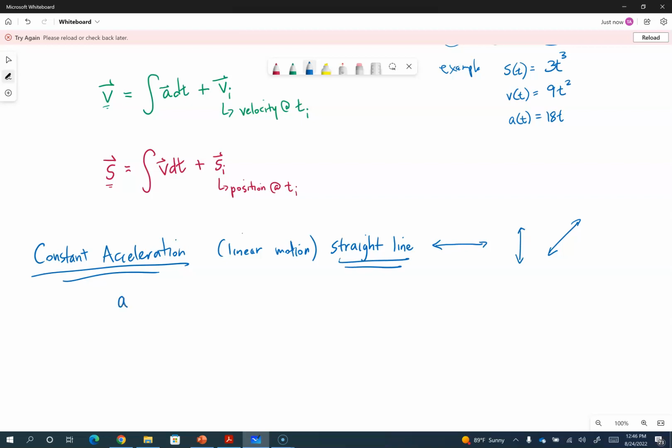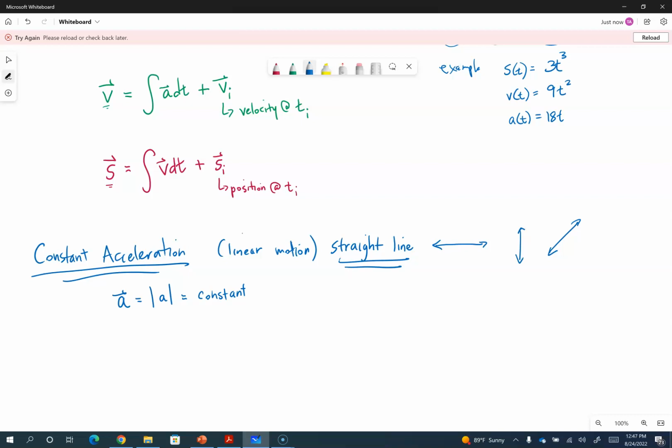In a situation like this, we say that the acceleration has a magnitude of a that is a constant. It can be positive or negative, of course, meaning if we have horizontal motion, it points to the right for positive and to the left for negative. So we're just saying that it is a number.